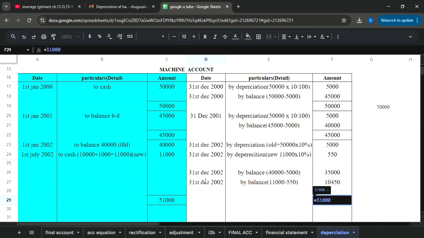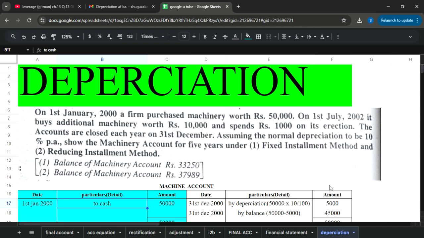Larger sum has been written on the total of both sides. So please look at this. There were two assets, two depreciations, and here two balances. How many more steps would be taken depends upon what is asked over here.